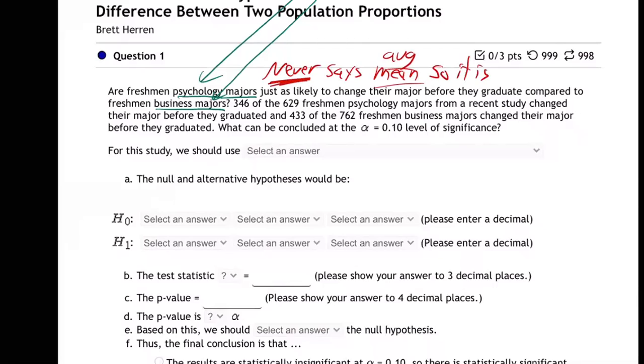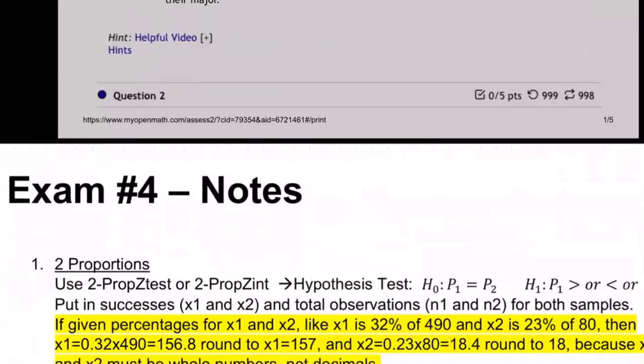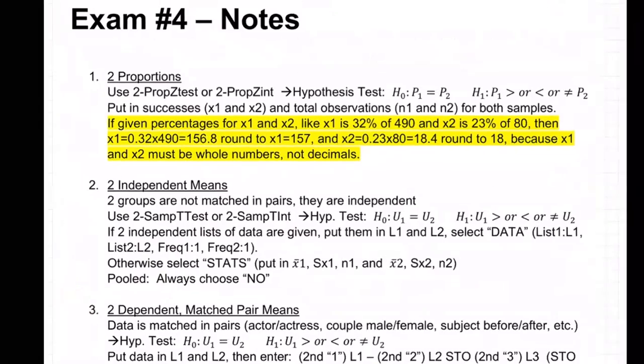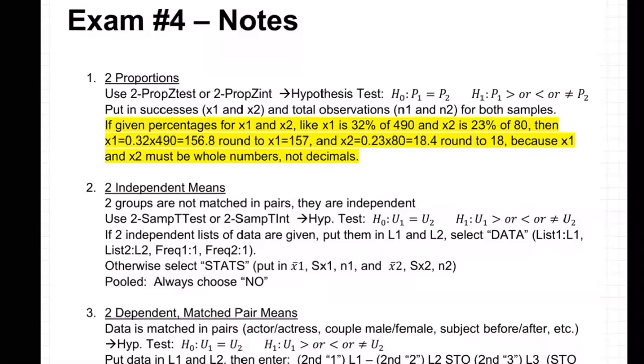So it is proportion. Are you tracking with me? It never says average or mean, so it is proportion. Come on down here. So we know it's not means. We'll get to that. We're going to get to that today.